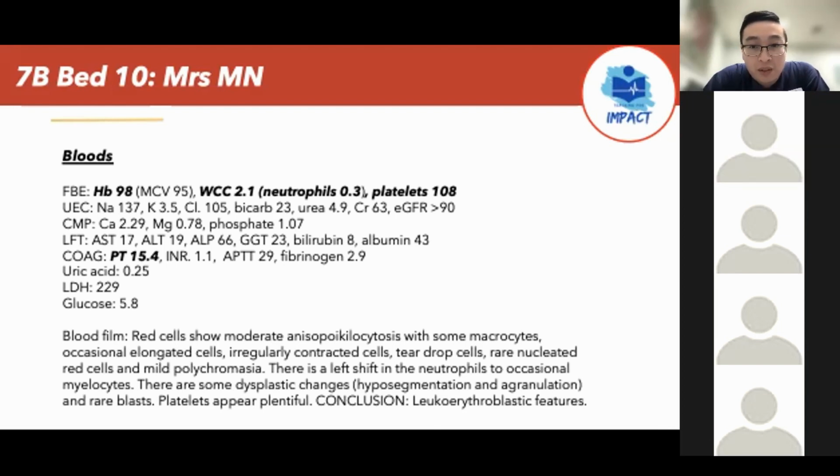Teardrop cells, also called dacrocytes, usually indicate some level of bone marrow infiltration. You see it in conditions, and we'll go into this in a bit more detail later in the talk, like primary myelofibrosis, where your entire bone marrow is scarred up, so fibrosed.